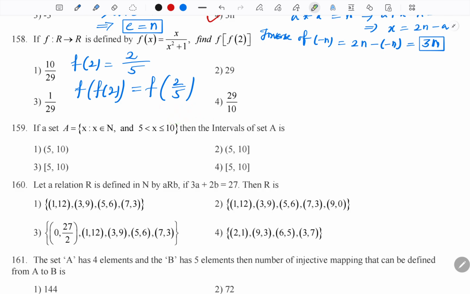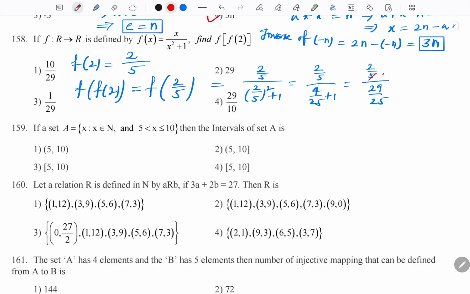Substitute in the original function: 2 by 5 over (2 by 5 whole square plus 1). What is 2 by 5 whole square? It is 4 by 25 plus 1. If I take LCM, it's 25 plus 4, 29 by 25. Then what is the cancellation term here?